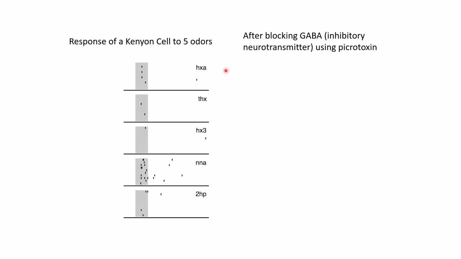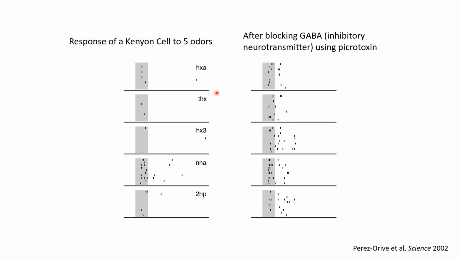So we can do the same experiments in which we measure the responses of Kenyon cells to different odors after applying picrotoxin and blocking GABA A receptors. And when researchers did that, they found that the activity of the Kenyon cells increased significantly. So that clearly shows that GABA mediated inhibition was playing a role in keeping the activity of Kenyon cells under control. And when that inhibition is removed by blocking GABA, then the activity of Kenyon cells increases.